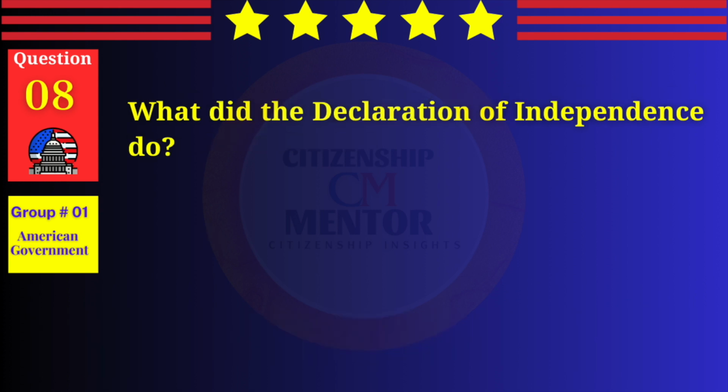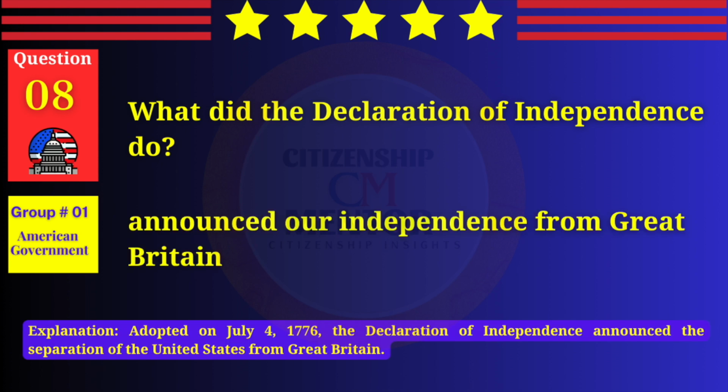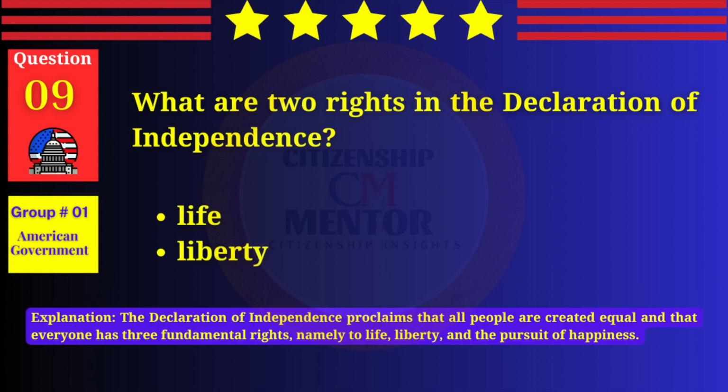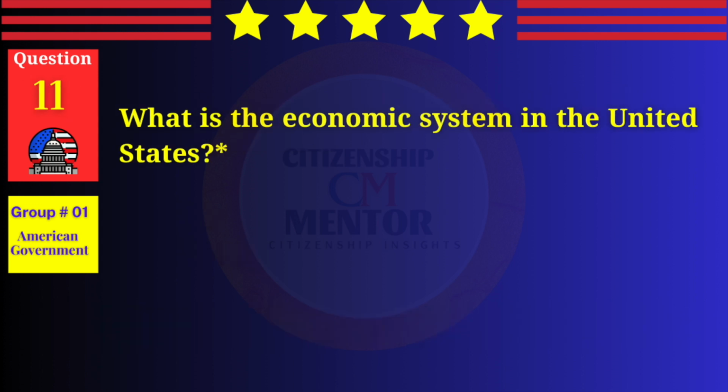What did the Declaration of Independence do? Announced our independence from Great Britain. What are 2 rights in the Declaration of Independence? Life, liberty. What is the economic system in the United States?